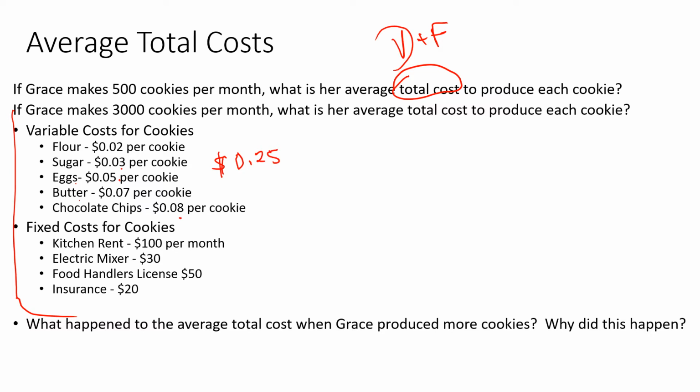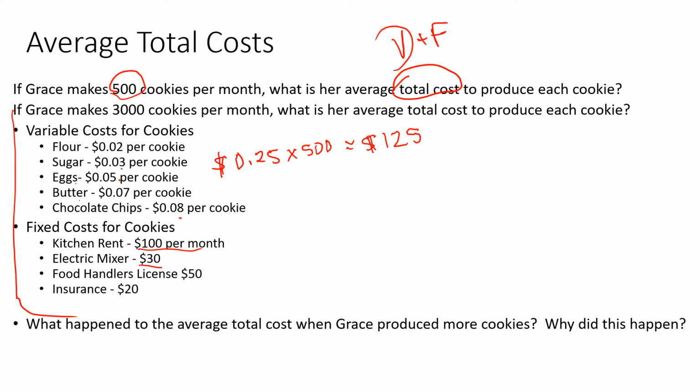Okay, and if she's making 500 cookies, we're going to take that 25 cents times 500, and that is $125. So in variable costs to make 500 cookies, it's going to cost her $125. In fixed costs, she has kitchen rent that costs $100 per month.